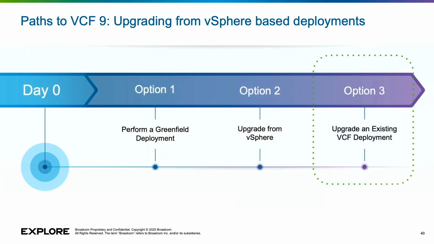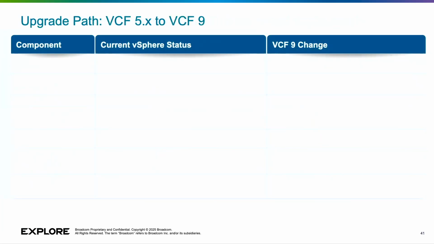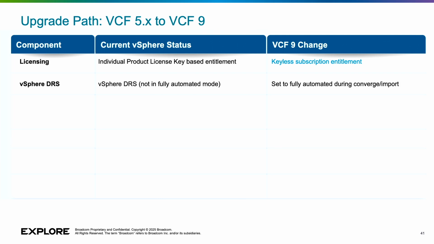So let's go to the third option that we have in terms of upgrading from VCF to VCF 9. A lot of this remains similar to what we had earlier, so I'll just run through it to make sure there aren't any deltas. Licensing, like we said, changes to subscription-based licensing. The same note as earlier for vSphere DRS.